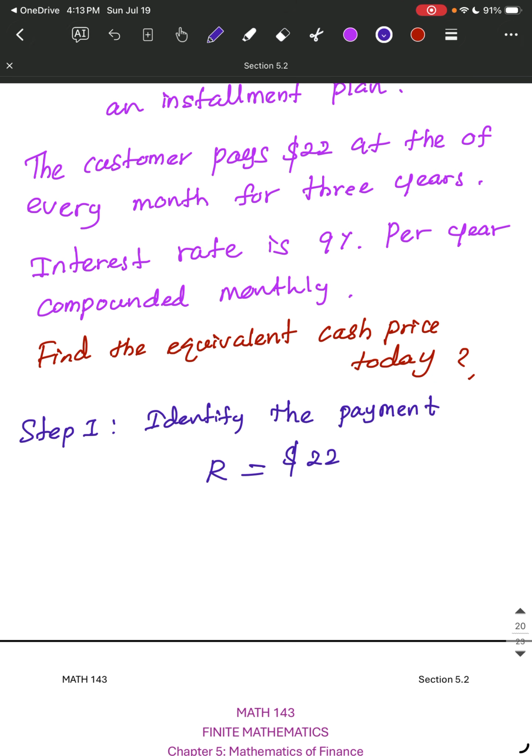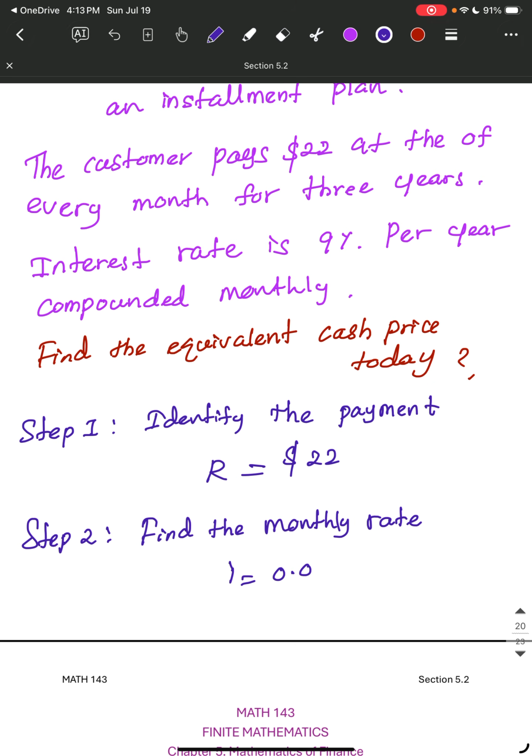Since the question gave 9% per year compounded monthly, therefore i equals 0.09 over 12, 0.0075 monthly interest rate.